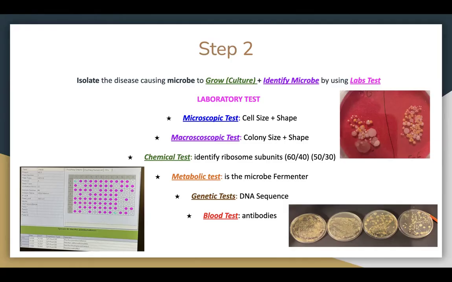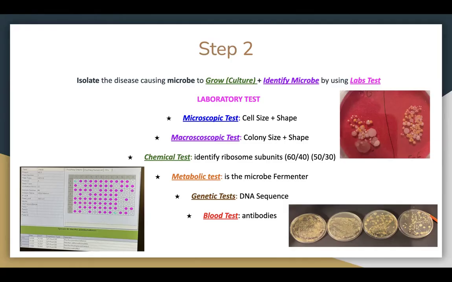We're going to discuss this a little bit later in further chapters, but the chemical test is going to identify the ribosomal subunits, and with that we're going to be able to identify if it's a bacterial, or maybe a protozoan or a fungal, cause of disease.